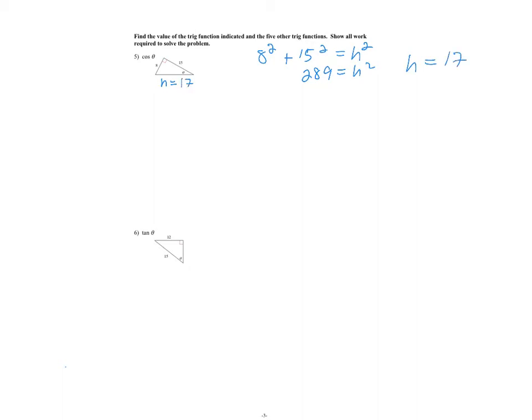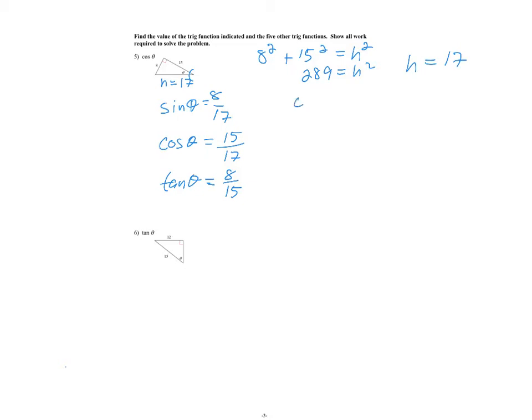The sine of theta, here's theta, is equal to the opposite 8 over the hypotenuse 17. Cosine theta is equal to the adjacent 15 over the hypotenuse 17, and the tangent theta is equal to the opposite 8 over 15.